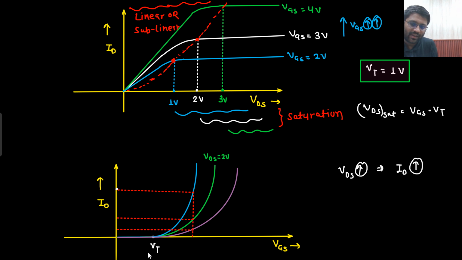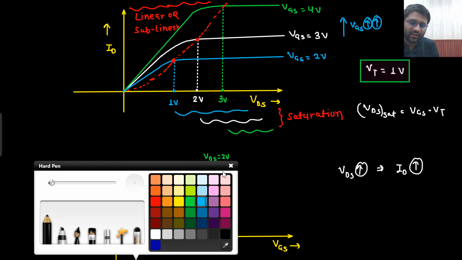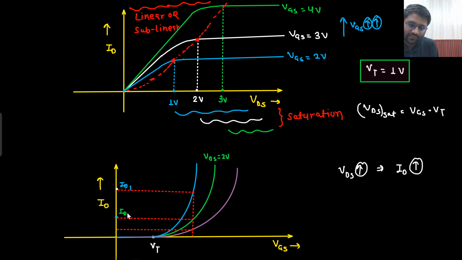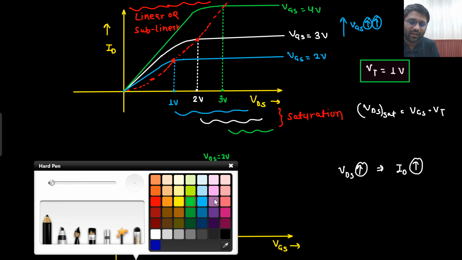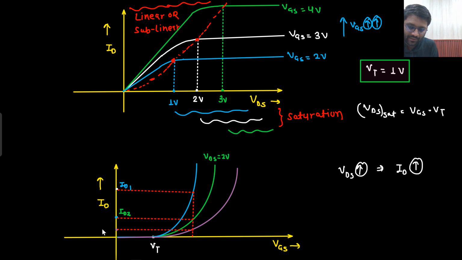So for the blue curve I am getting current ID1, for the green curve ID2, and for the maroon curve ID3. You know that ID1 is more than ID2, which is more than ID3. You agree to this point?